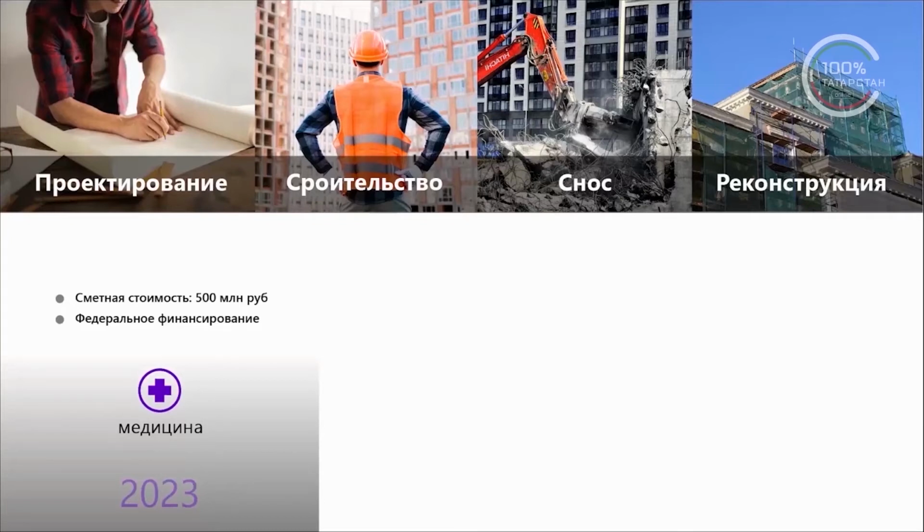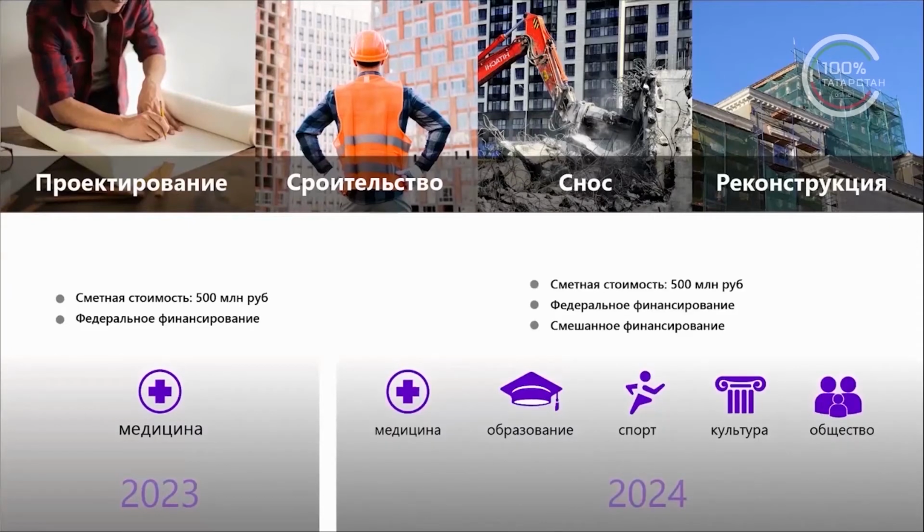the estimated cost of which is more than 500 million rubles, and the funding of which uses federal budget funds. Since 2024, similar requirements will be compulsory for any site of capital construction of social infrastructure, education and science, healthcare, physical training, art, and social services provision, the estimated cost of which exceeds 500 million rubles.